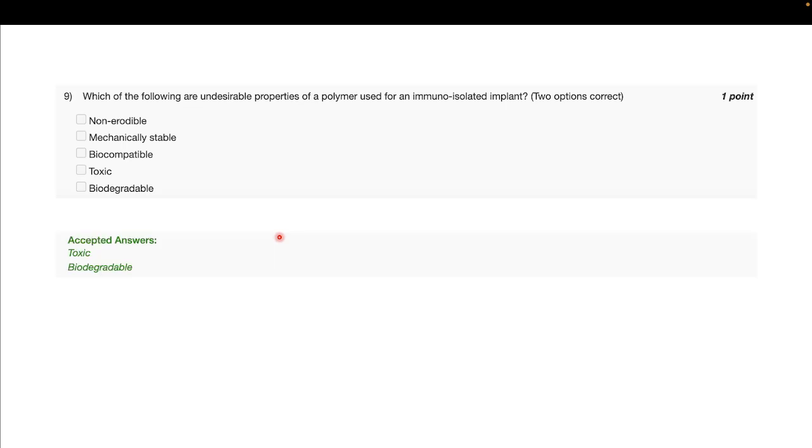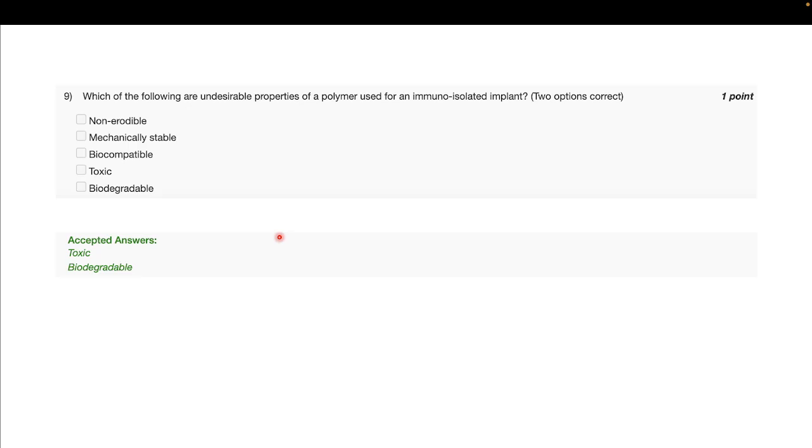It's asking us what properties we don't want in the polymer that we are going to use for immunoisolated implant. As I said, first of all, it shouldn't be toxic, so the entire purpose will be defeated. If the polymer itself is toxic, it will generate another immune response. Rather than generating it for the therapeutic cells, it could be against the polymer, and then your body will start generating immune response against this, and this will lead to a failure of that implant.